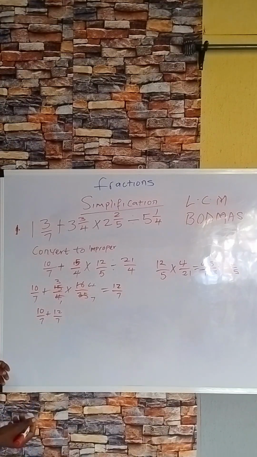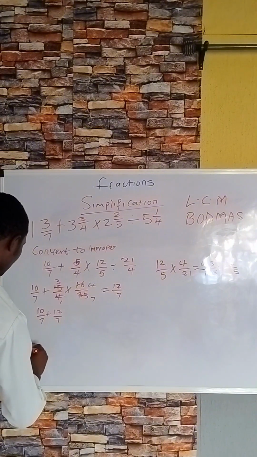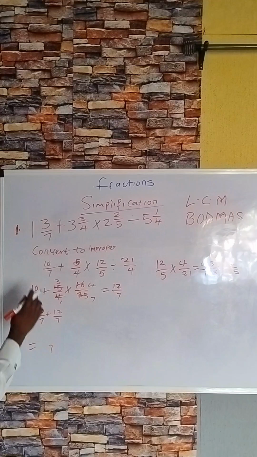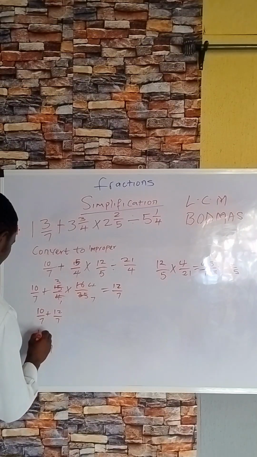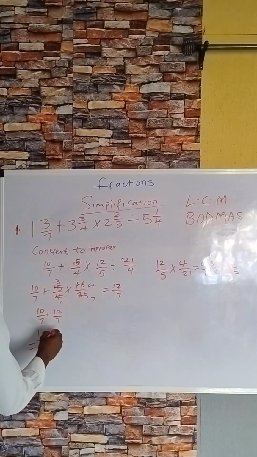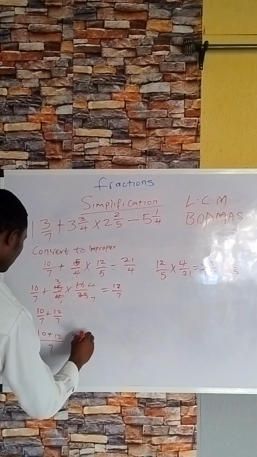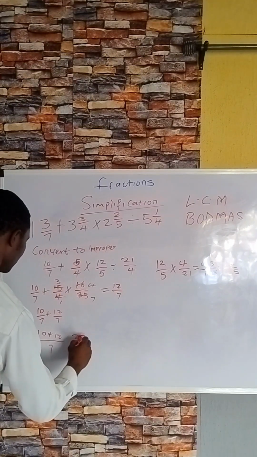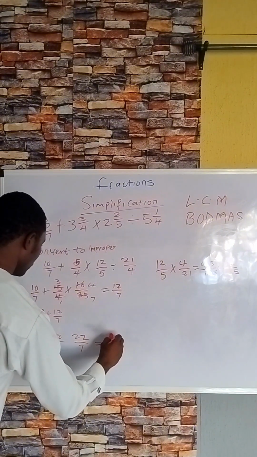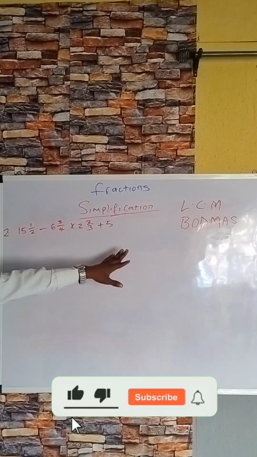So let's use 7 and go straight to the point. 7 into 7 is 1, 1 times 10 is 10. 7 into 7 is 1, 1 times 12 is 12. So this becomes 22 over 7. So our final answer becomes 3 whole number 1 over 7.